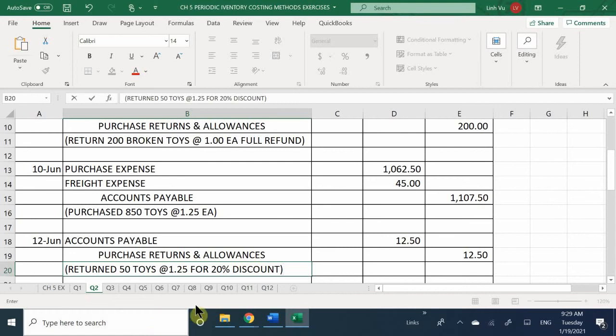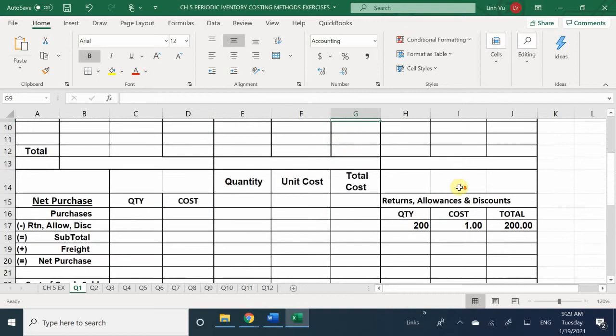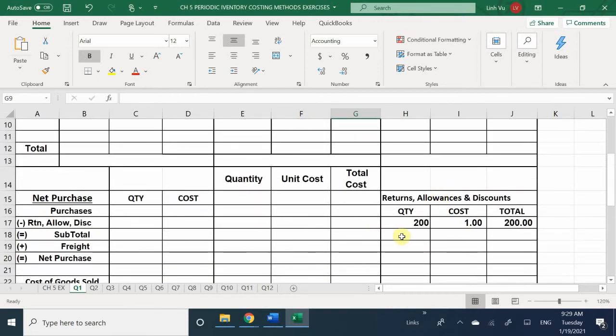Okay, so now let's go ahead and complete the journal. Complete the inventory worksheet. So now we need to go down to the bottom right here. Okay, now how much of the items are we actually returning? 50. Let me ask that question again.